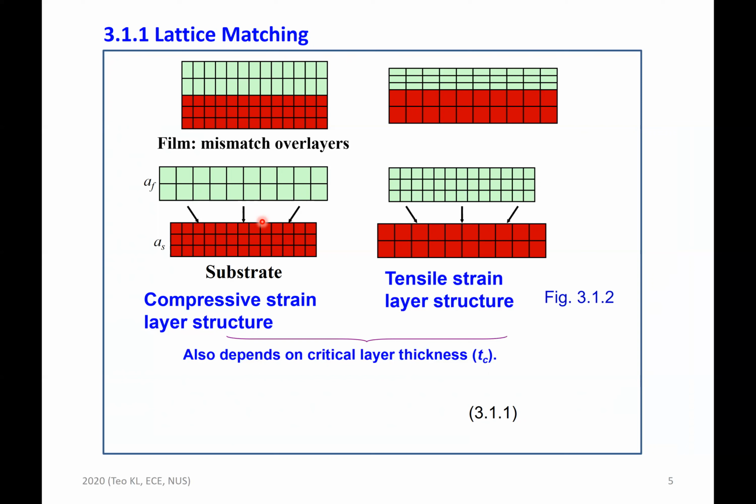Now, lattice mismatch is when the film is partially relaxed, such that the lattice constants of the film and substrate do not match. So if you deposit the film on the substrate and the strain cannot accommodate such lattice matching, then we say the film is relaxed.